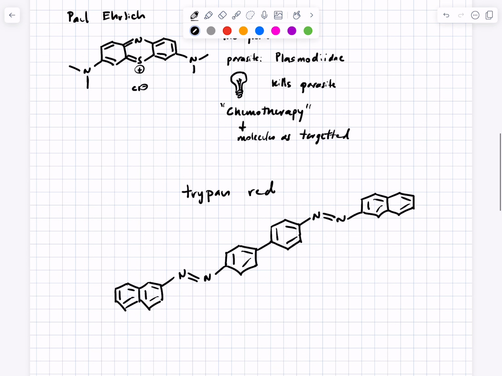The difference is going to be that trypan red is going to have, oh shoot, I got it in the wrong place. Dang it. You probably don't care, and neither do I, but I'm going to draw it for you now that I said I would. Turns out there's a couple of different ways you can attach naphthalene rings.